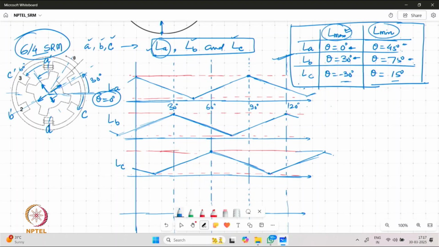LC, which is once again at some middle value, is going to be unaligned at theta equals 15 degree, and further aligned at theta equals 60 degree. So crudely the variation of LA, LB, LC is going to be like this. However, in more practical designs, we are going to have much smoother curves compared to the triangular peak and valley.